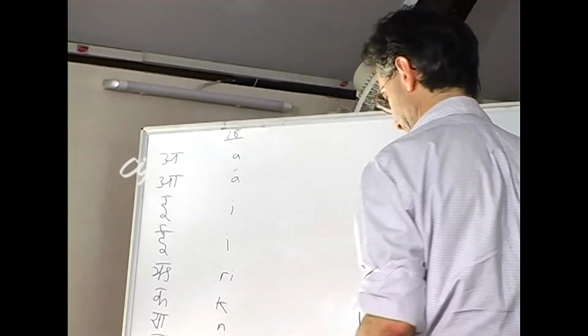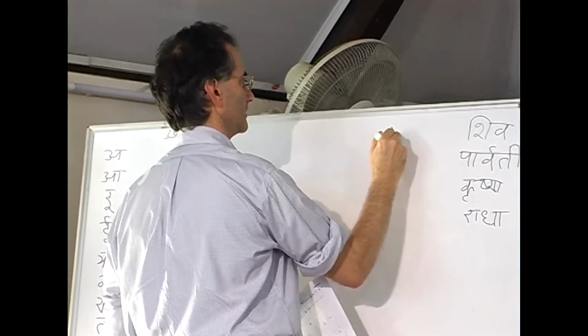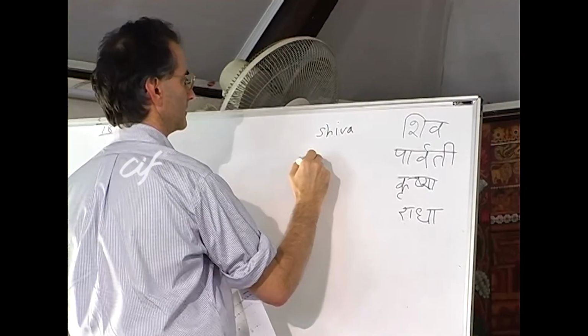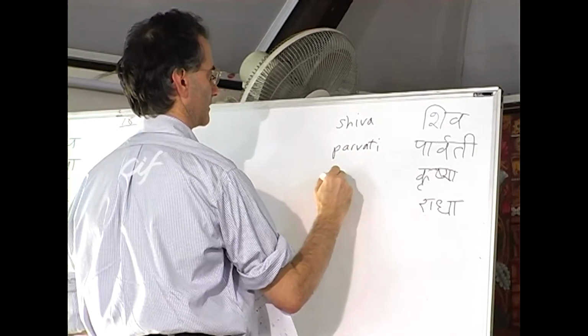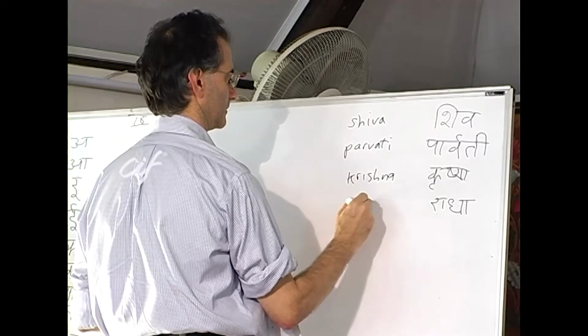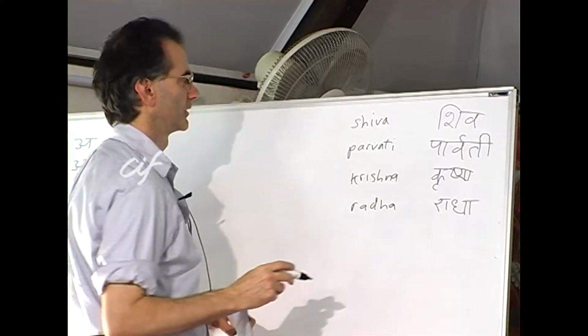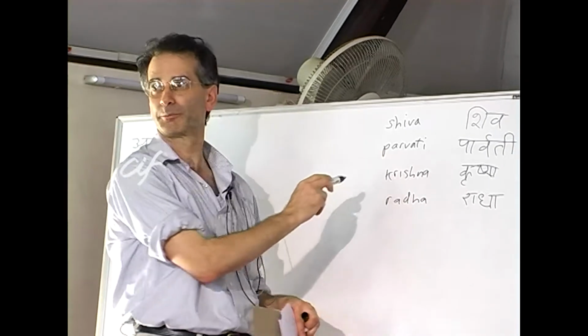So we ended up with Shiva, Parvati, Krishna, Radha. We don't really know whether this is Parvati or Parvati.